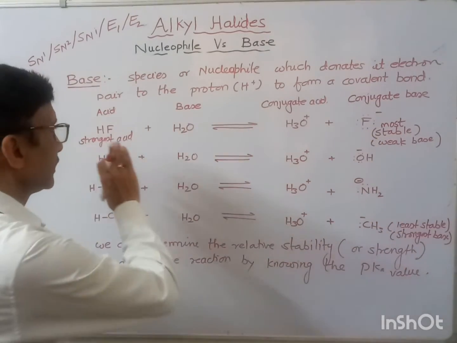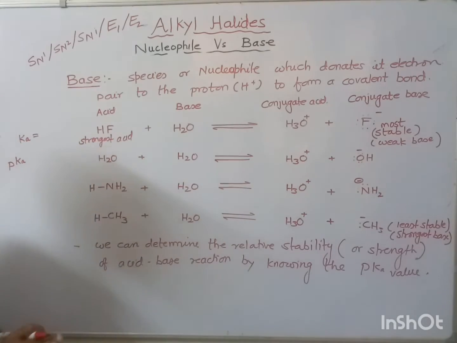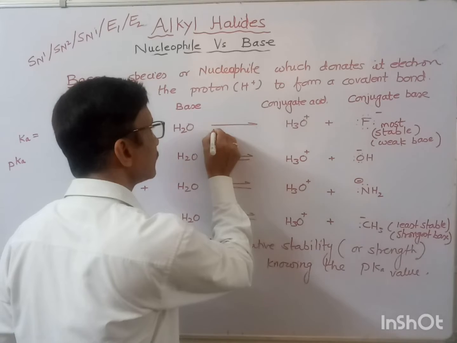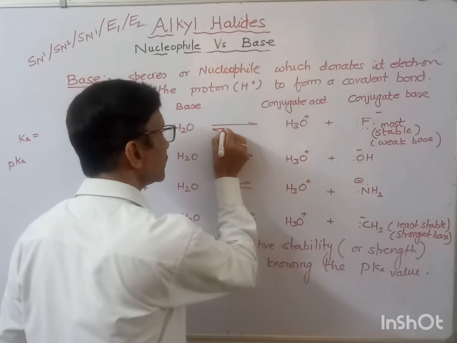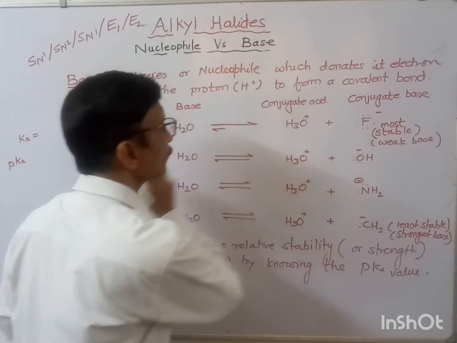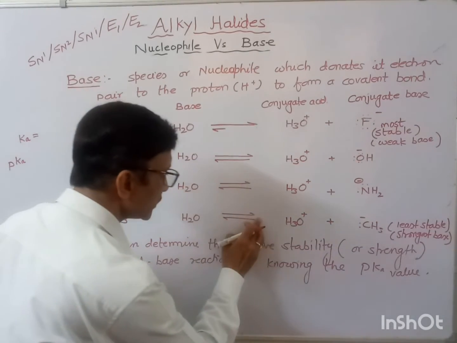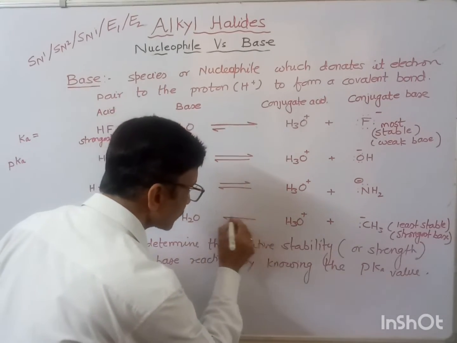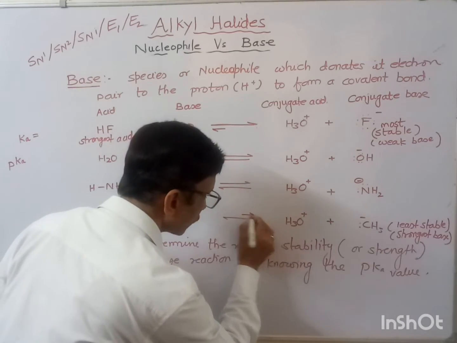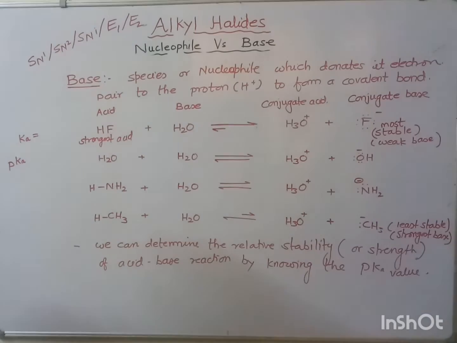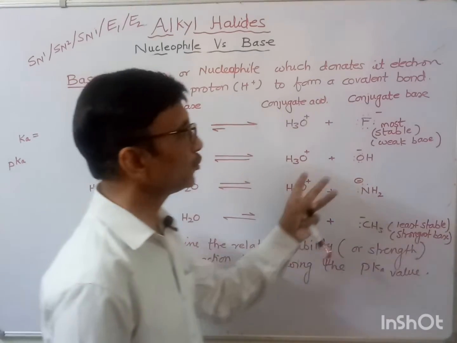No doubt this first reaction is the most favorable in the forward direction, so the arrow can be written in this way. Whereas this reaction is less favorable in the forward direction, or favorable in the backward direction.